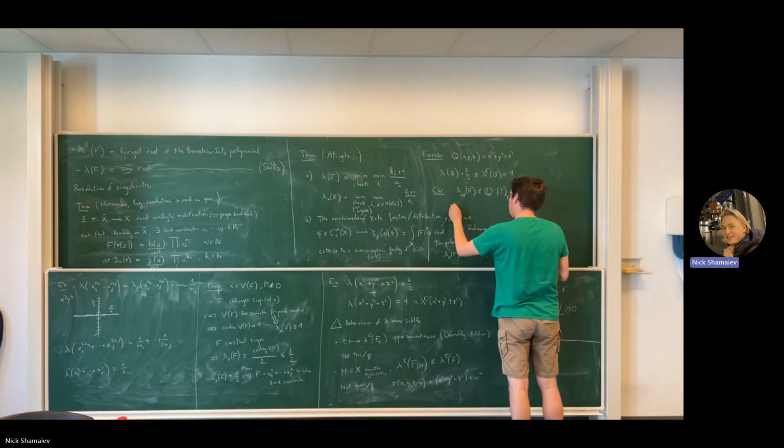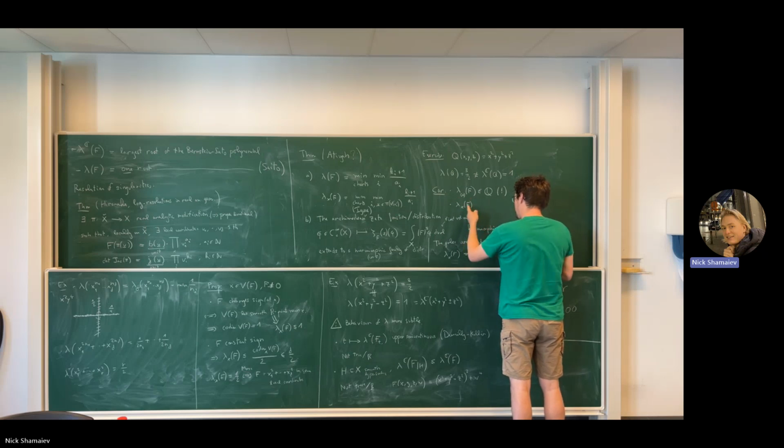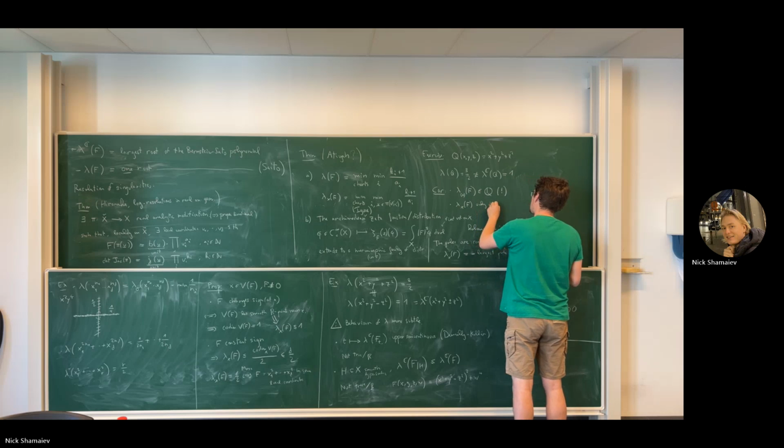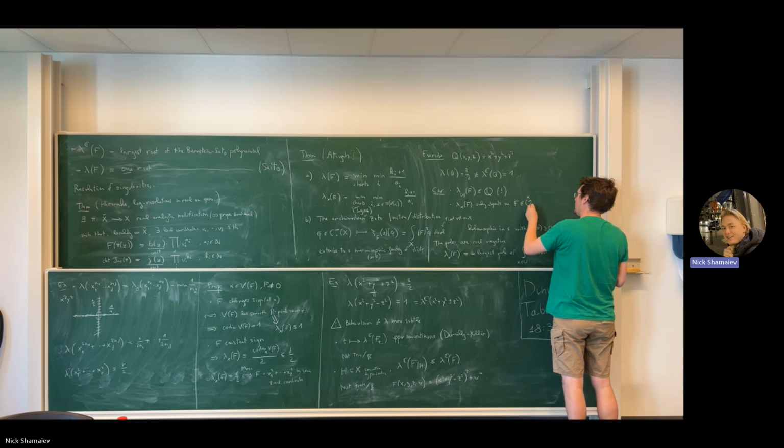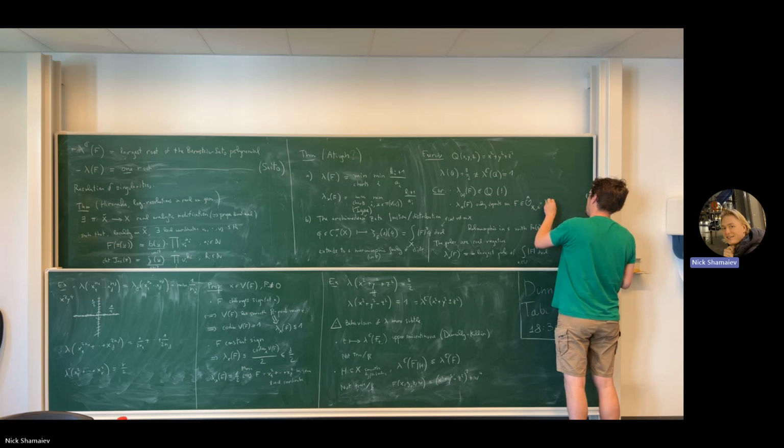Another corollary, which maybe is not so clear, is the fact that this only depends on the Taylor expansion of f, so on the class in the completed local ring, which is the power series ring.